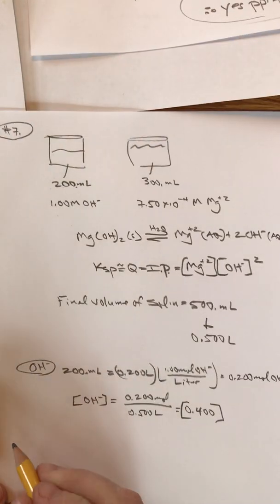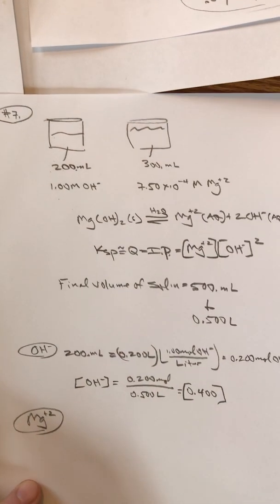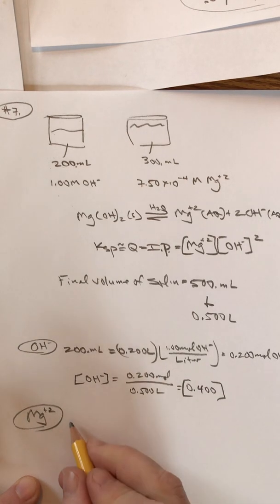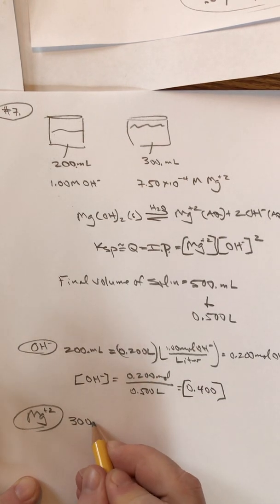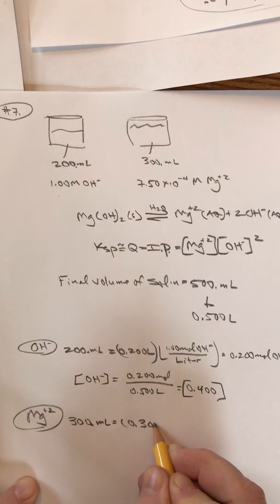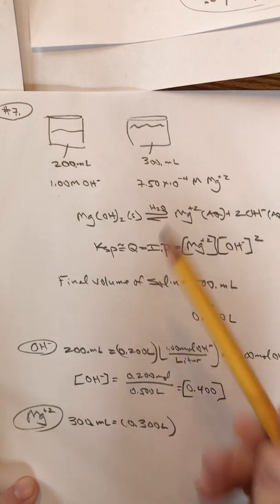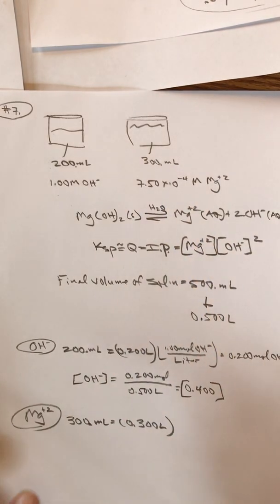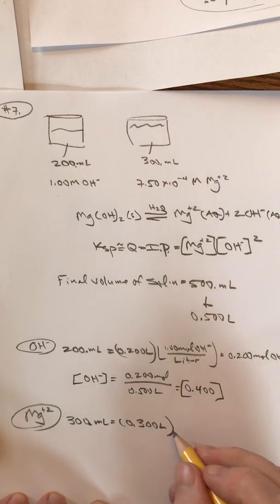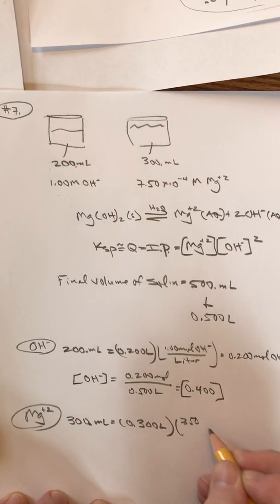Let's go back and handle magnesium now. So you've got 300 milliliters. That's 0.3 liters. And its concentration was 7.5 times 10 to the minus 4 moles per liter.